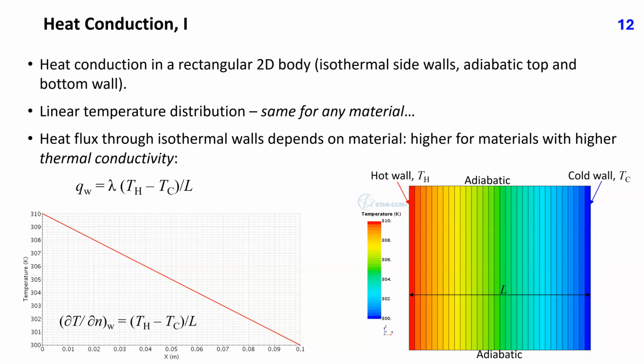It is higher for materials with a higher thermal conductivity. Because the temperature varies linearly between isothermal walls, the temperature gradient at both walls can be expressed as the temperature difference divided by distance, leading to this simple expression for the heat flux. The heat flux per unit area given by this expression is constant along isothermal walls.